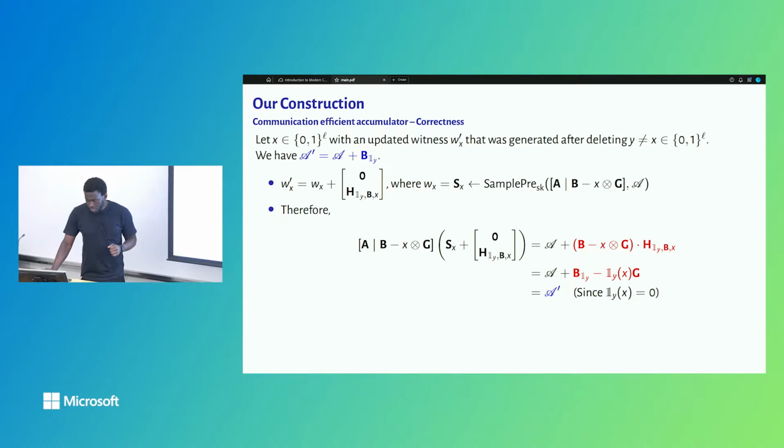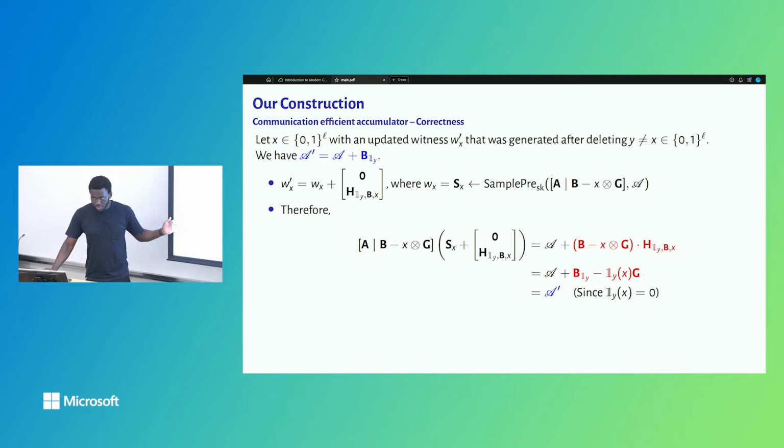So now all you need to do is take the matrix A concatenated with B minus X tensor G, and when you multiply with W X prime, after opening W X prime, it's in fact multiplying with S of X plus this matrix that contains 0 and H at the bottom.